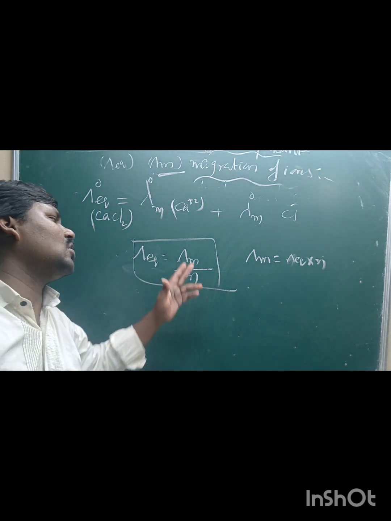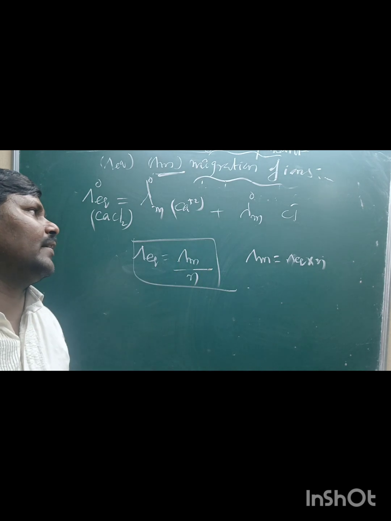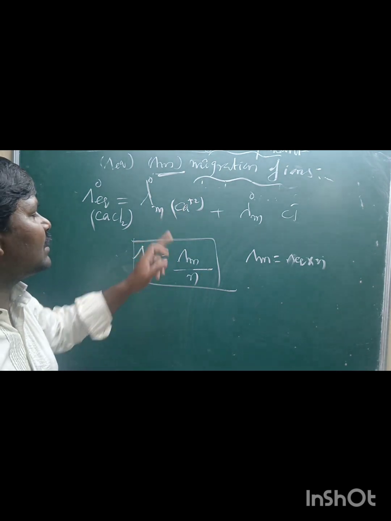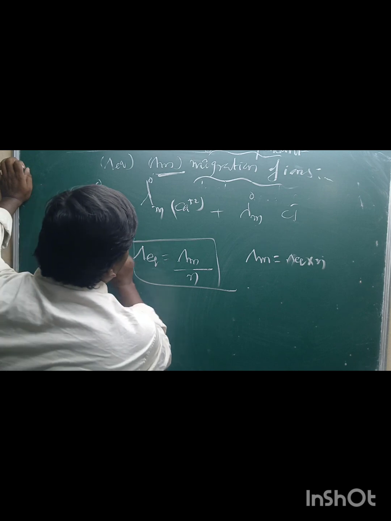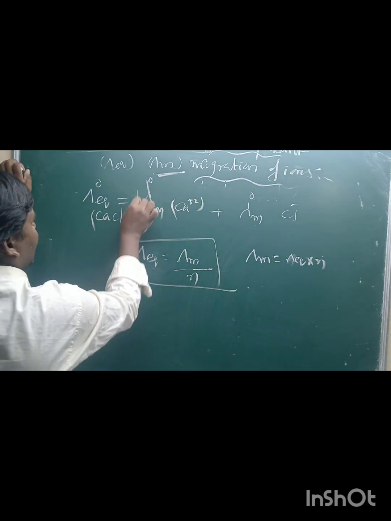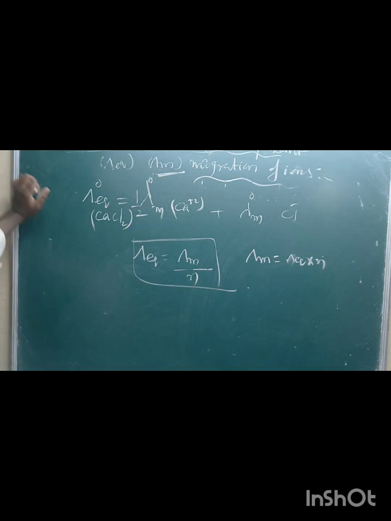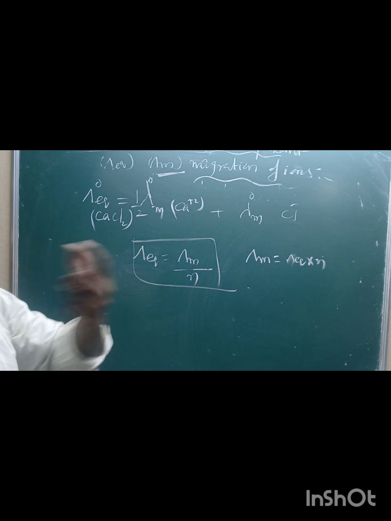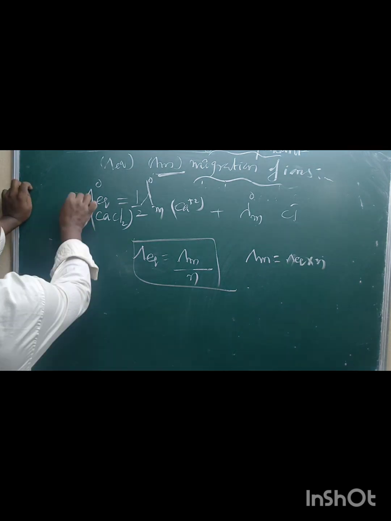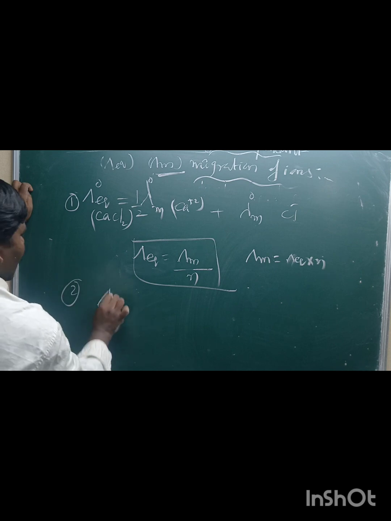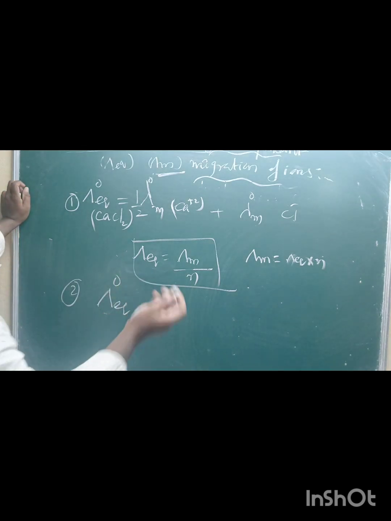You take salts, charge on cation or anion. Here what is the charge? Plus 2. So here it is 1 by 2 lambda m naught of Ca plus 2. Here only minus 1 charge, lambda m naught of Cl minus only. If you take one more example, how to convert equivalent conductance to molar conductance.